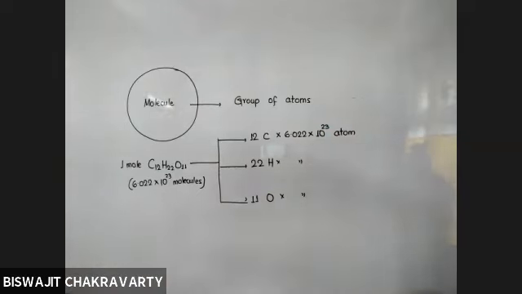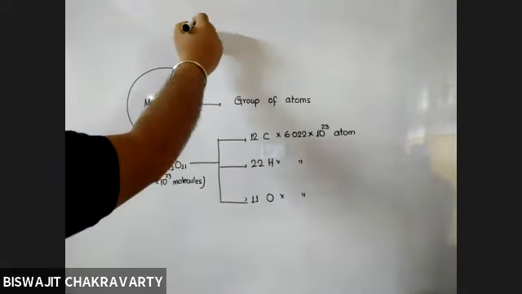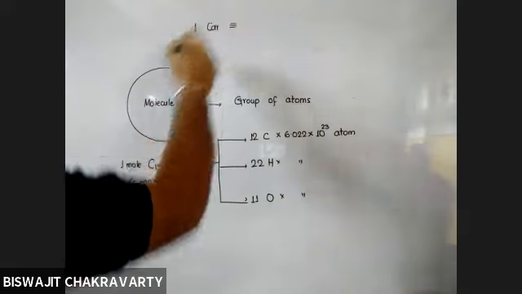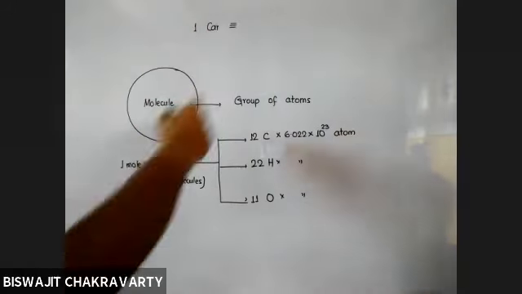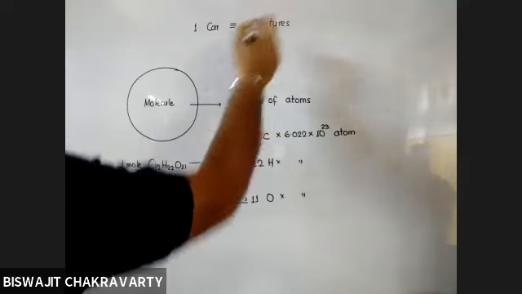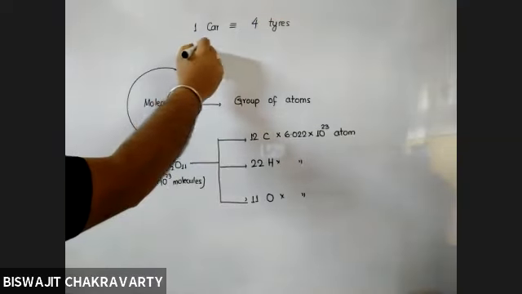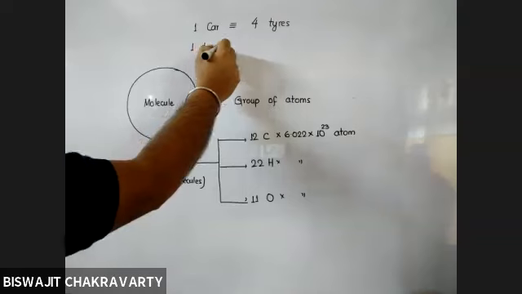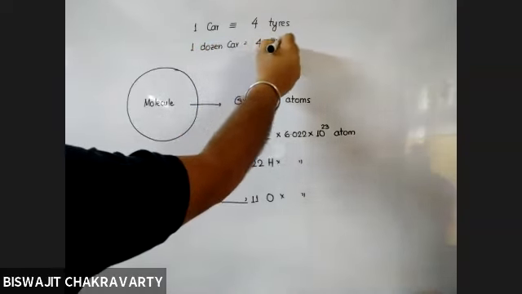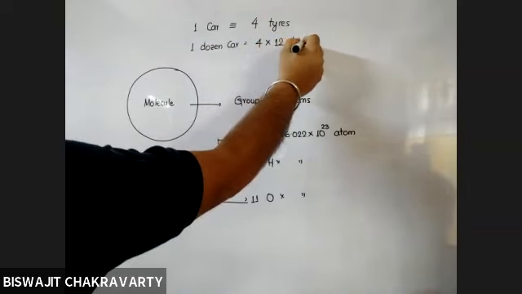It is just like saying 1 car has how many normal tires? 4 tires, isn't it? The moment I write 1 dozen cars, will it remain 4 or should I increase this by multiplying with 12? Understood?